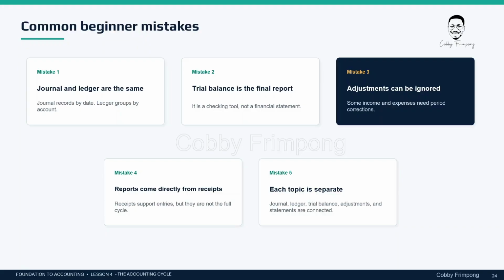Some beginners ignore adjustments, but adjustments may still be needed even if the trial balance balances. Others think financial statements are prepared directly from receipts, but receipts are only source documents. Finally, some learners see each topic as separate, but they are actually connected stages in the accounting cycle.